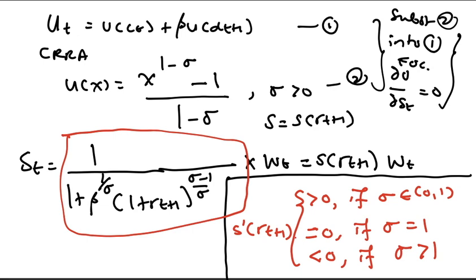So you can see that the different effects are generated by the relative importance of substitution, which is given by the value of sigma, the relative importance of substitution and income effects in the decision-making process. Now, to understand these effects, let's consider an increase in r_{t+1}. So r_{t+1} increases. This will increase the return on saving and will induce the individual to increase her overall saving.